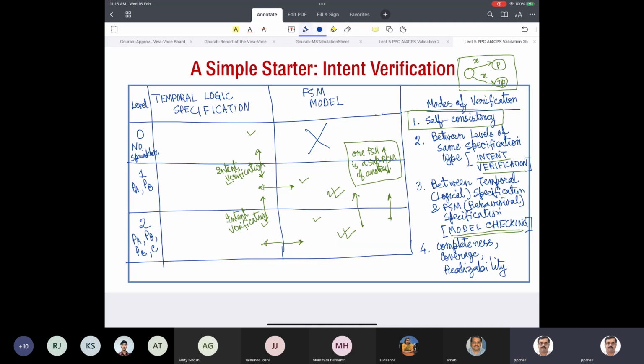Then we talked about a verification between levels of the same category, which we called intent verification. And we talked about specification versus behavior checking, which we called implementation verification, which we will implement by a method called model checking.